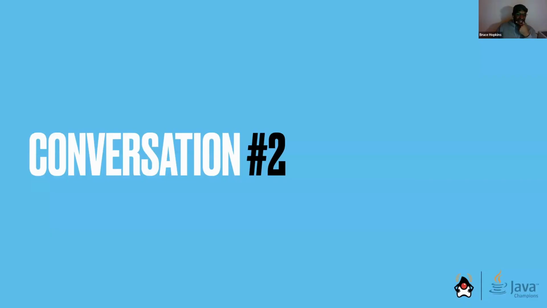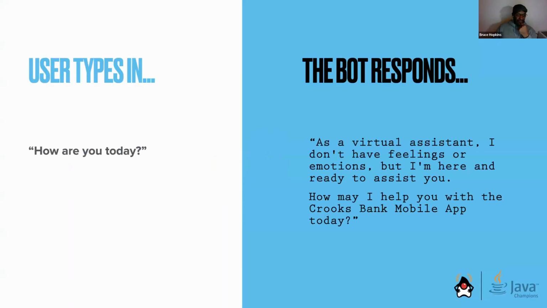So how did things go the second time? This time I tried something slightly different and I said, okay, how are you today? The bot in Discord says, well, as a virtual assistant, I don't have feelings, but I'm here and I am ready to assist you.